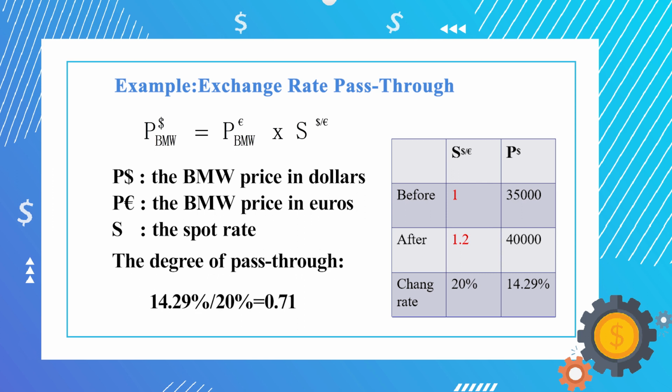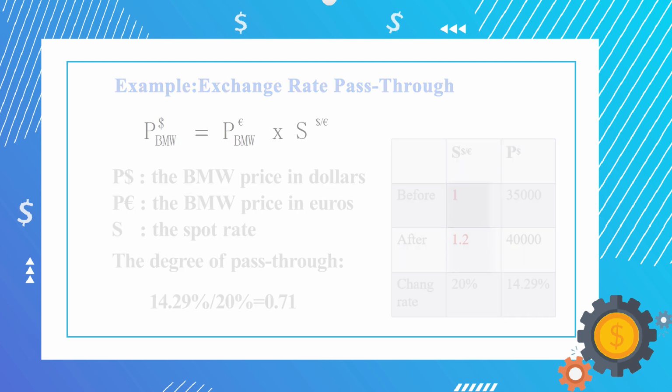The degree of pass-through is just partial, that is 14.29% over 20% equals 0.71. That is to say, only 71% of the exchange rate change was passed through to the US dollar price. The 29% change of exchange rate has been absorbed by BMW.